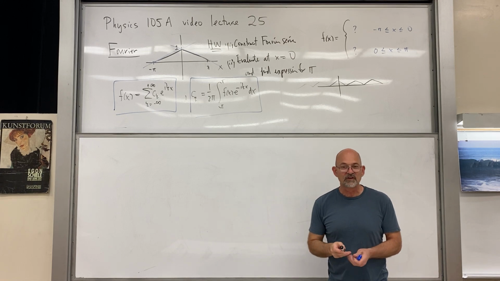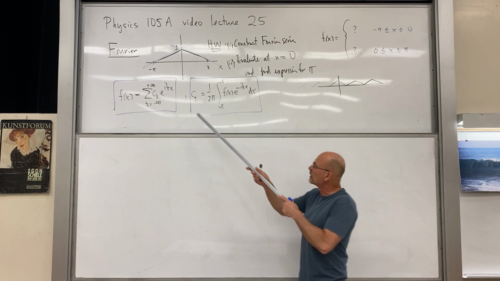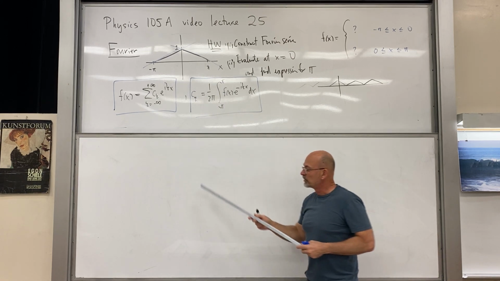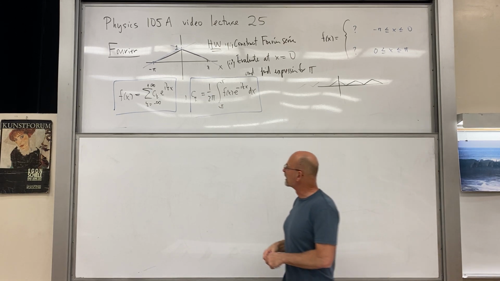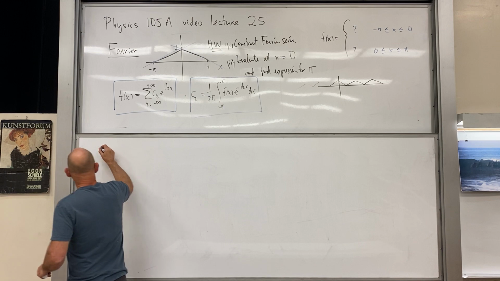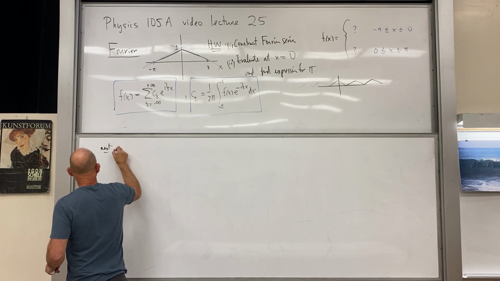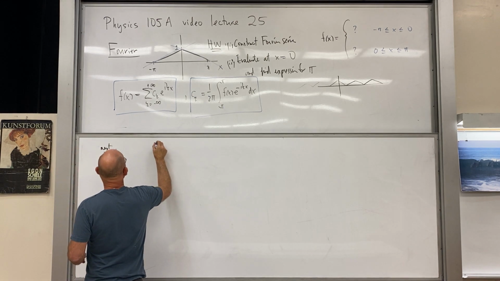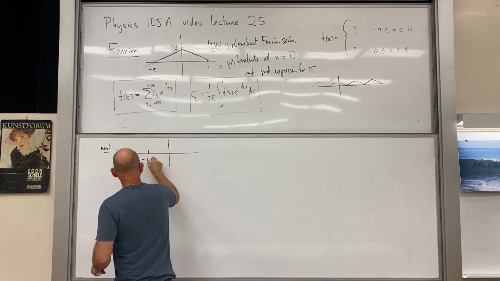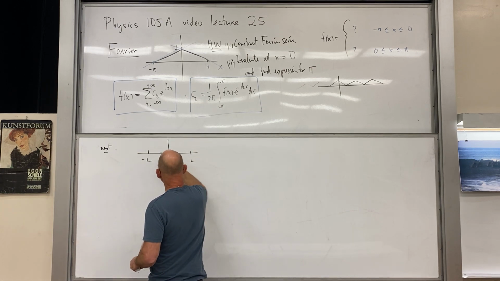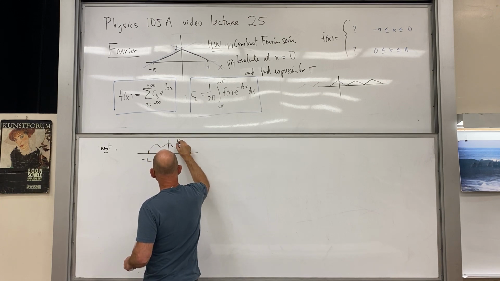So here's the question. Suppose instead of a function that goes from minus pi to pi, we have a function that goes from minus L to L, or some other symmetric interval. So next, we're going to have, in fact, let's just draw it, minus L to L. And we've got some f of x.